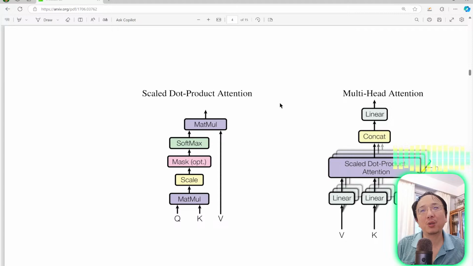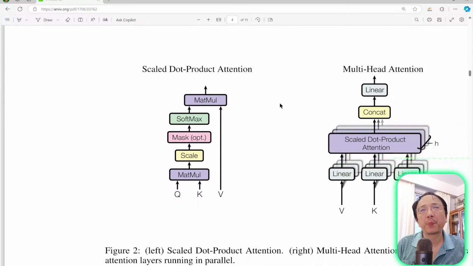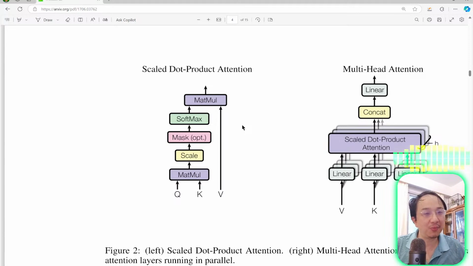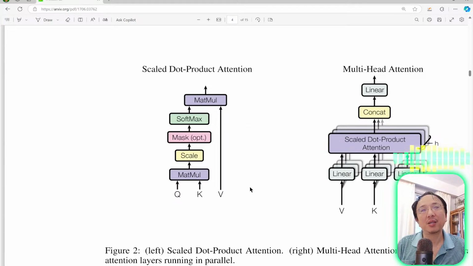Okay, so the important part is the transformer block and the self-attention mechanism. So what is self-attention? The self-attention is as follows.